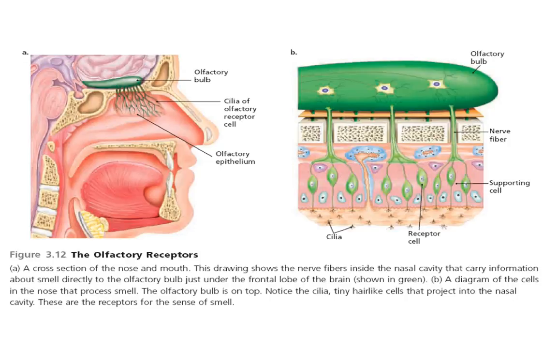So your olfaction bulb is receiving information right here, and right here is your brain. As you can see, they're right next to each other, which makes the sensation of smell such a powerful thing because it's immediately in your brain. When you deal with your eyes, your ears, everything needs to be processed and then sent to your brain. With olfaction, your brain is processing it as your olfaction senses are processing it, which makes it incredibly powerful.